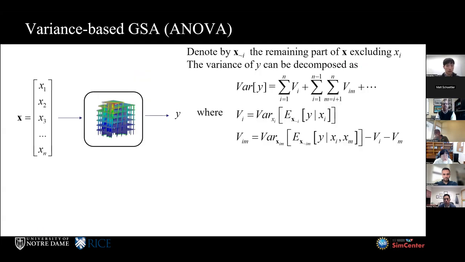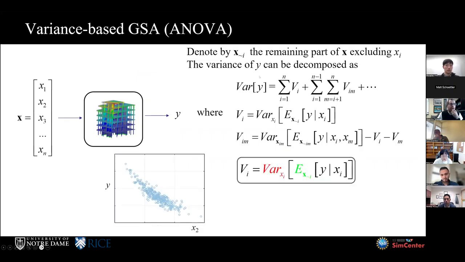So how does variance-based global sensitivity work? You're looking at the decomposition of the total variance into specific components. Now let's pick for the time being one of those components and try to understand it. I'm going to denote as xi the component that I'm interested in, and as x not i the remaining ones.